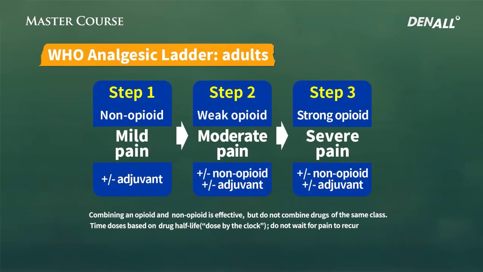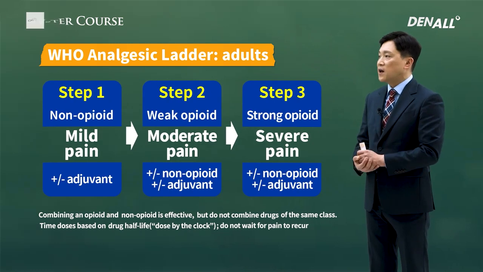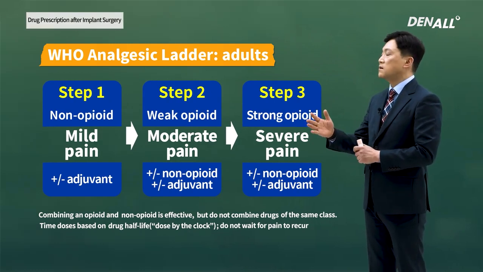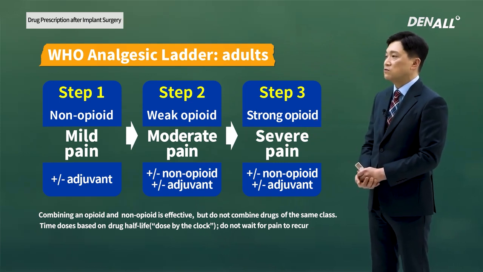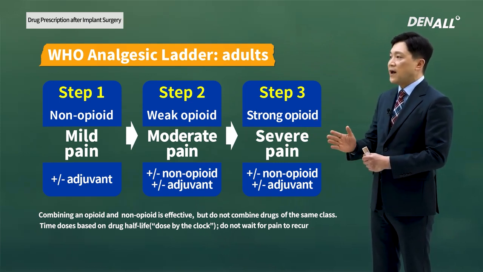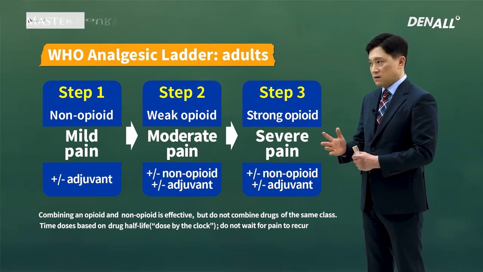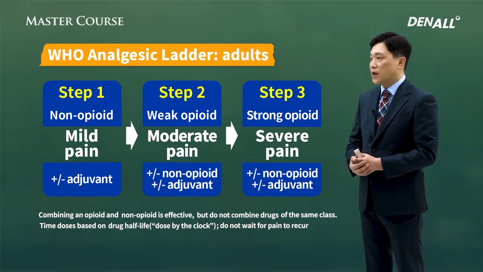WHO established principles for prescribing analgesics, and this can be applied to oral infection. Step 1 for mild pain, Step 2 moderate pain, Step 3 for severe pain. So 3 steps of pain. When the pain is mild, non-opioid NSAID only can be used.